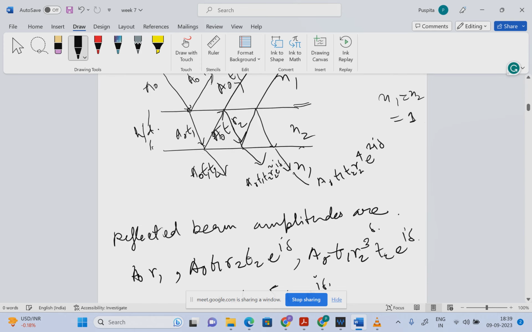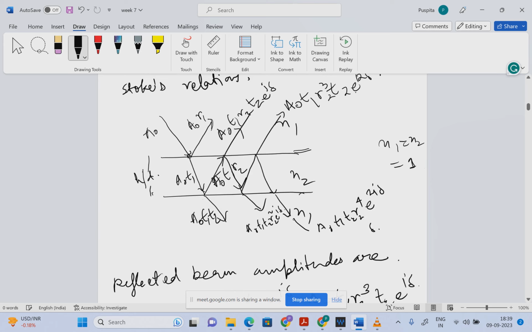Delta is the phase shift due to the extra path traveled in the round trip. So this is called RTPS, the round trip phase shift.